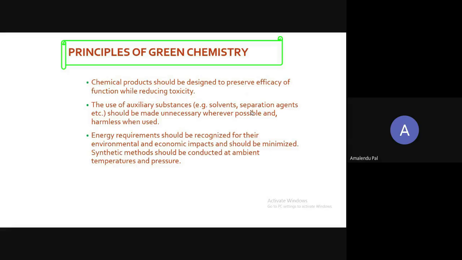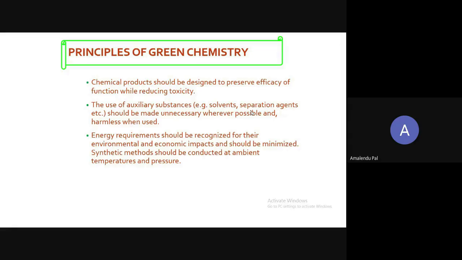Another thing, also in the organic chemistry lab, is the use of auxiliary substances such as solvents, petroleum ether, ether, methanol, ethanol, and separation agents. These should be unnecessary and we have to avoid them whenever possible. And the solvent we have to use must be harmless when used.